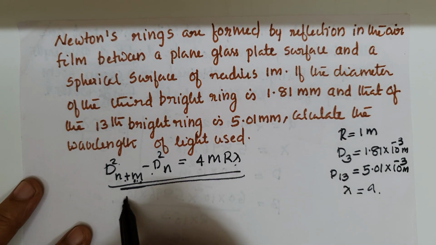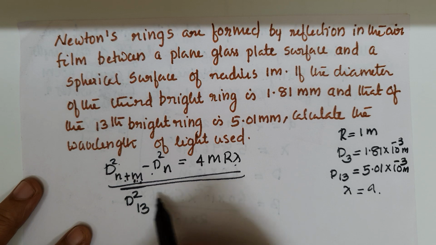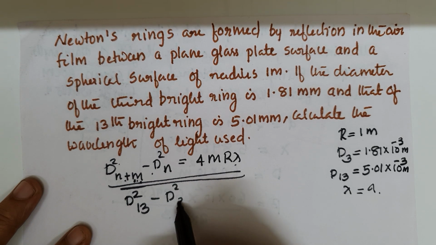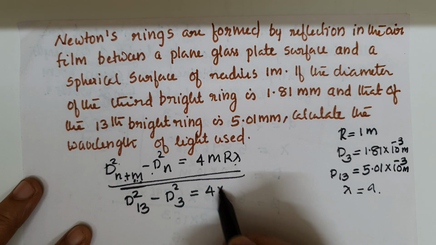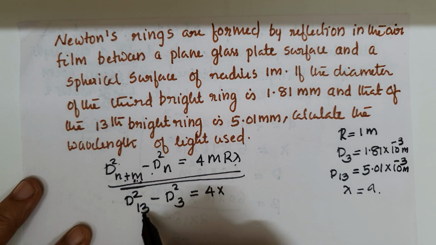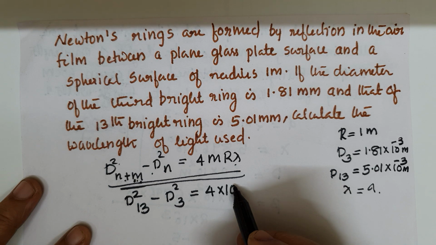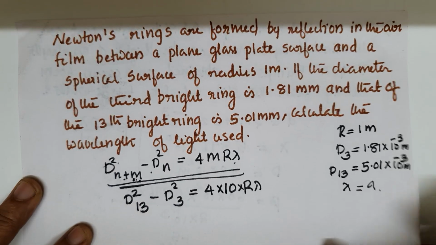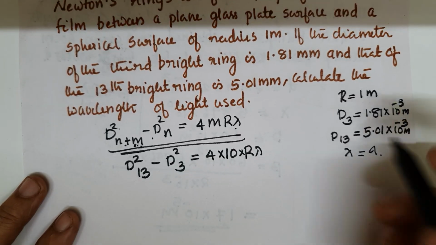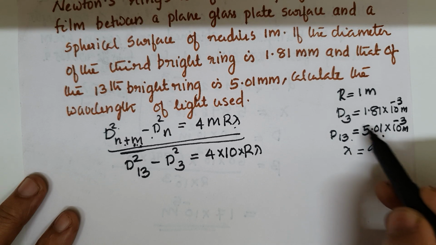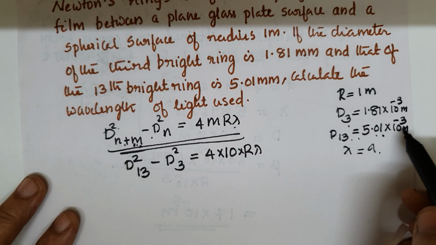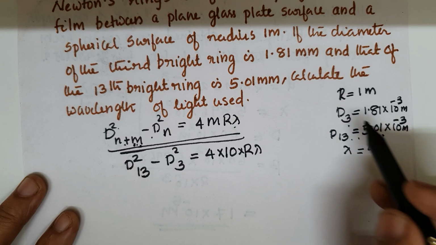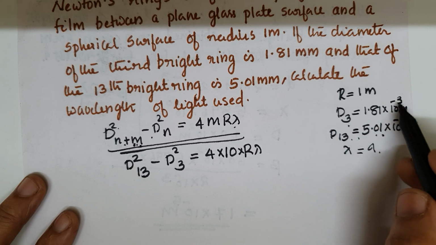So here d square 13 minus d square 3 gives 4 into m, which is 13 minus 3, that is 10, into r lambda. So here we can find out the lambda. D13 is 5.01 into 10 raised to minus 3, and d3 is 1.81 into 10 raised to minus 3.